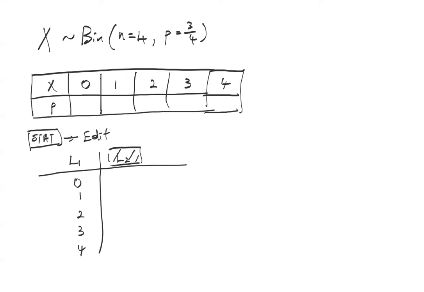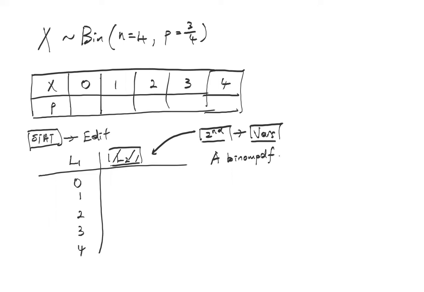Okay, now do this step. Your cursor is on L2. Go to second vars. Select A. You know what is A, correct? Binom PDF.